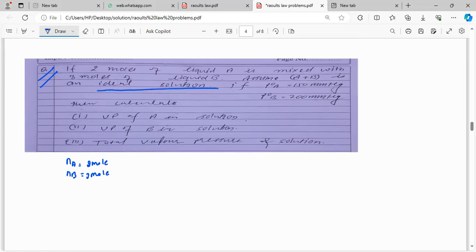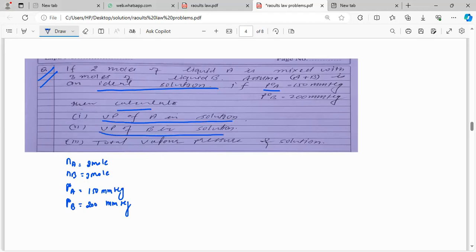P naught A they have given, 150 mmHg. P naught B they have given, 200 mmHg. Then calculate vapor pressure of A in solution, vapor pressure of B in solution, and total vapor pressure of solution.